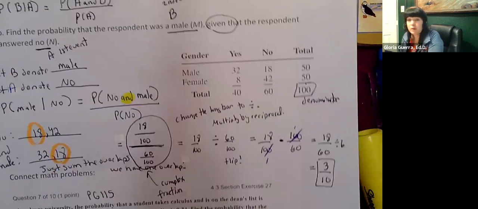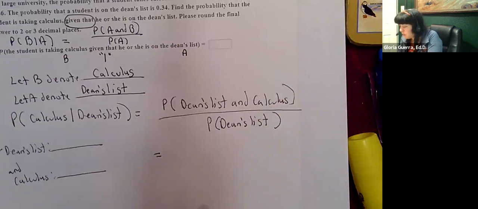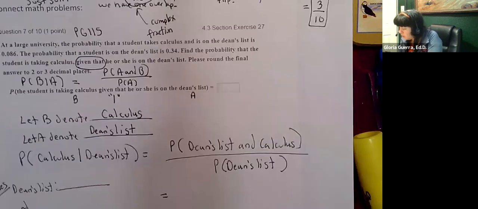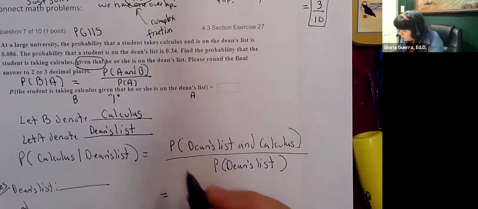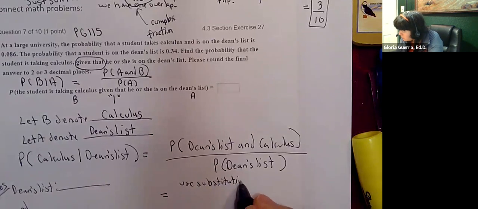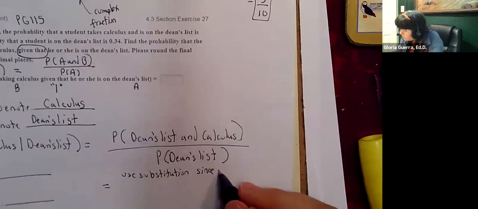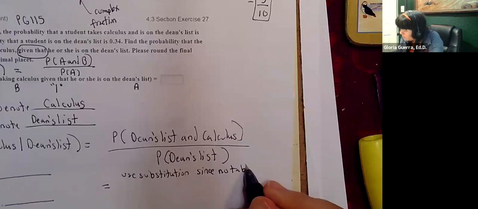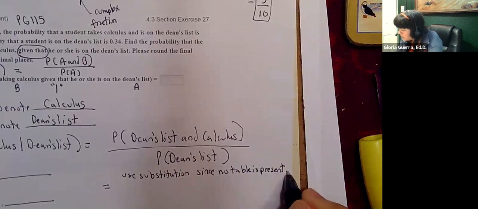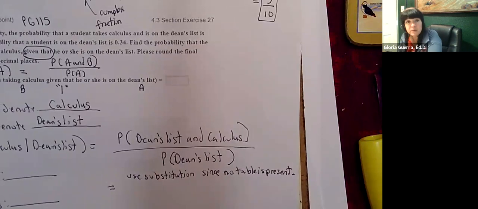But you see, this problem doesn't have a table, and they actually give you the calculations as decimals. So here we're going to actually use substitution since no table is present. Okay, so the substitution for the Dean's List and calculus, it's got to be one of these numbers.